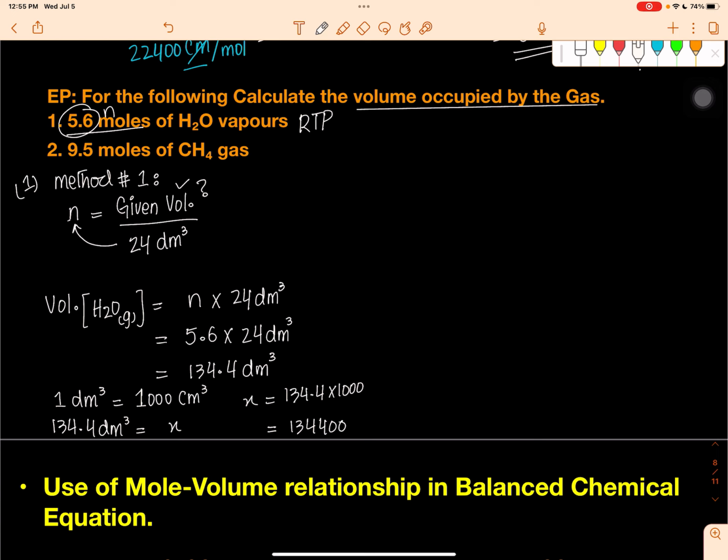So 134,400 cm cube is the volume that is occupied by the gas molecules of water vapors. Now for the second problem, we will be using method number 2.